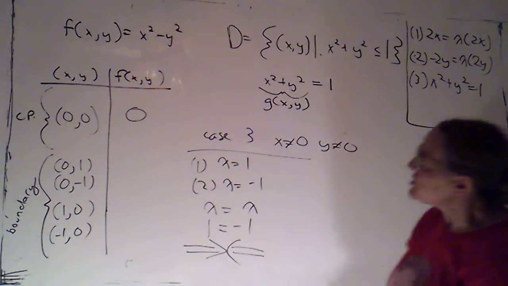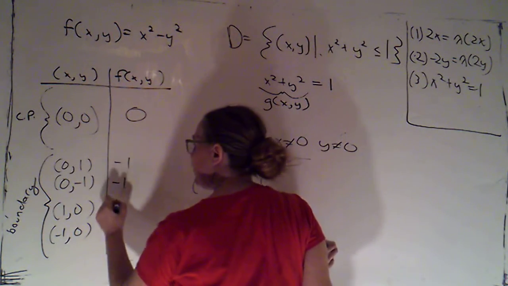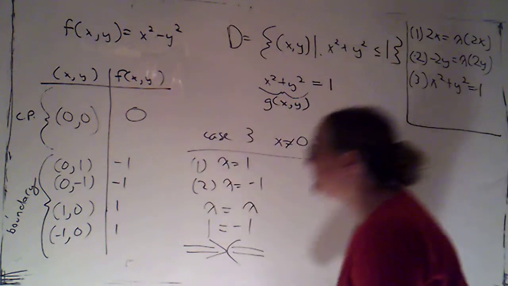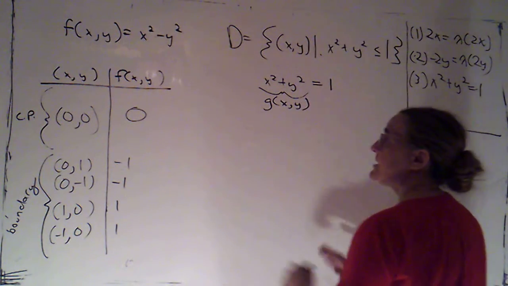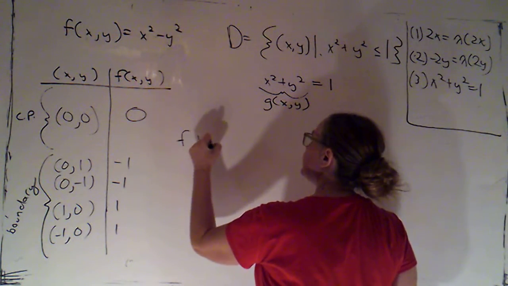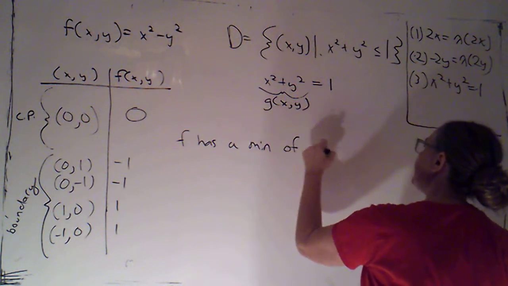Okay, so turns out when I plug things in, these 2 points give me a negative 1, and those 2 points give me a positive 1. So I can phrase my answer as f has a min of negative 1.